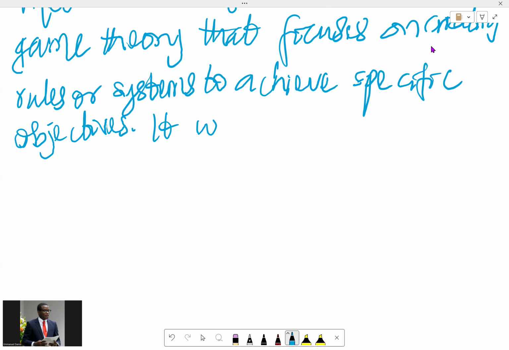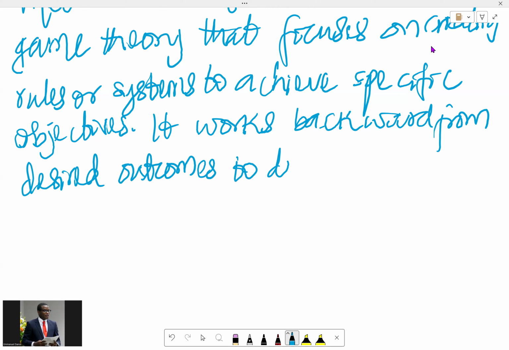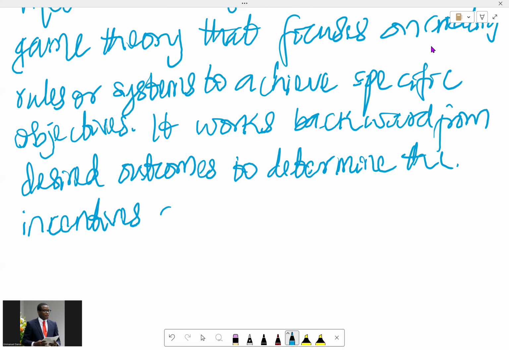It works backward from desired outcomes to determine the incentives and rules needed to achieve them.